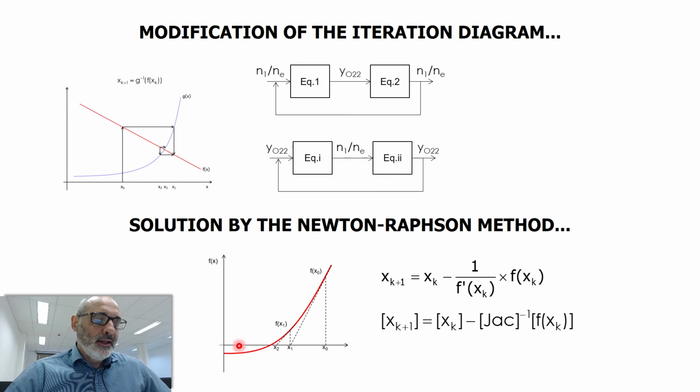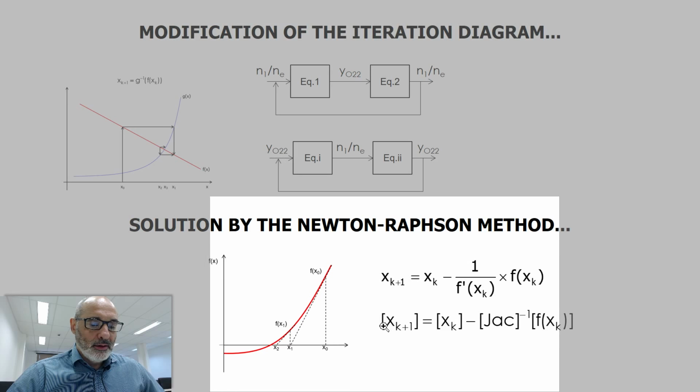Its graph is the red line, and the root is the point where f crosses the x-axis. So we want to get to this point here. The iteration method starts like this. You start with an estimate of your variable, x0. Let me zoom there.